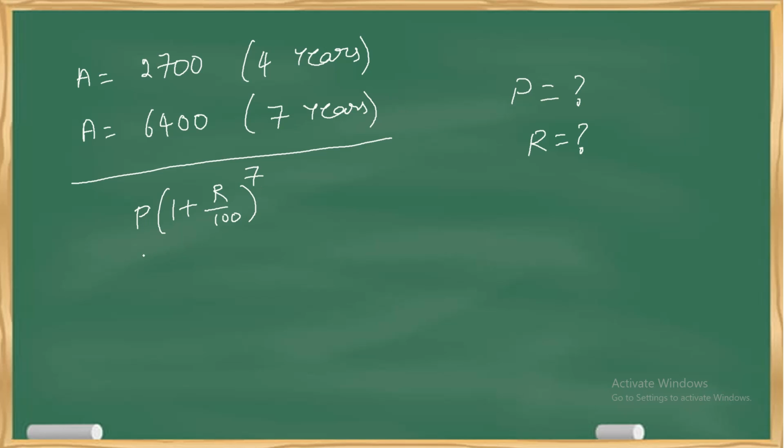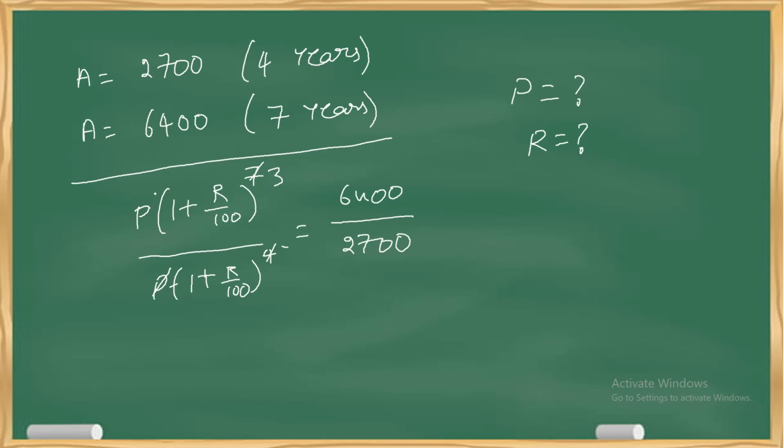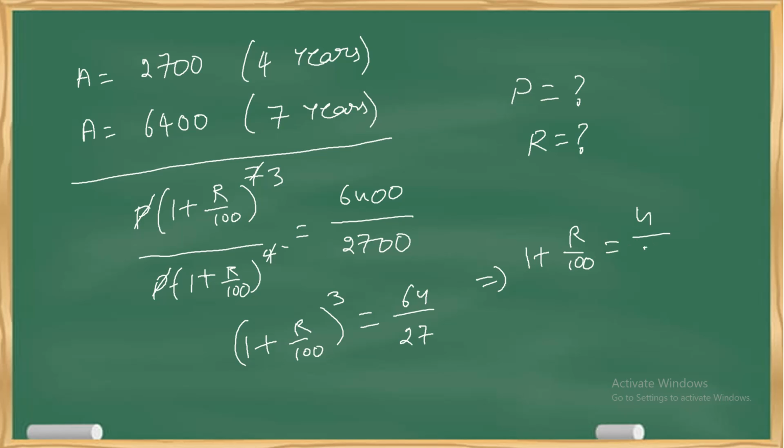Well, first we'll take 7 by 4, so P into 1 plus R by 100 whole power 7 divided by P into 1 plus R by 100 whole power 4 is equal to 6400 by 2700. P cancels. 1 plus R by 100 whole cube is equal to 64 by 27. So simplify this one: 1 plus R by 100 is equal to 4 by 3.